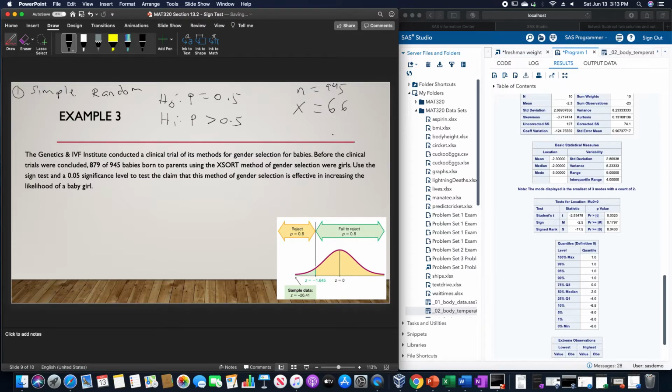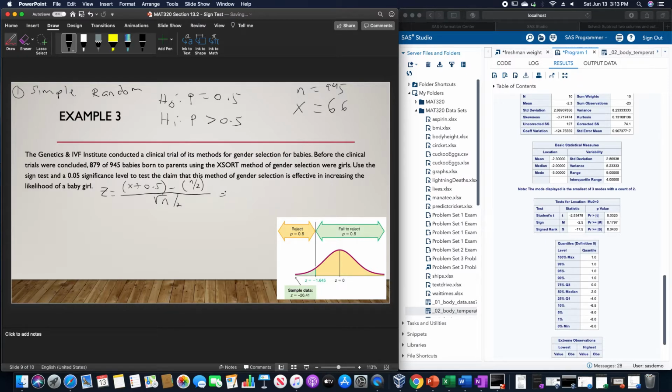So for our test statistic, because this sample size is much greater than 25, we would take that value of x, add 0.5, subtract n divided by 2, and divide the whole thing by the square root of n divided by 2.